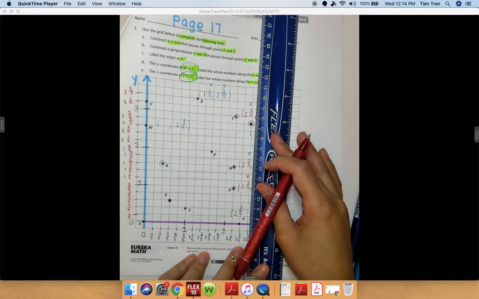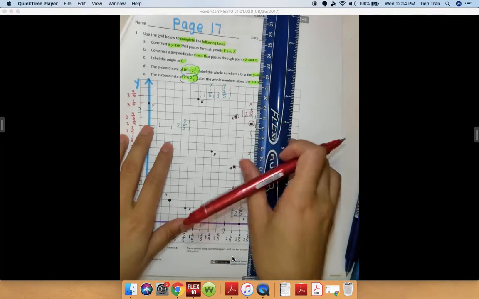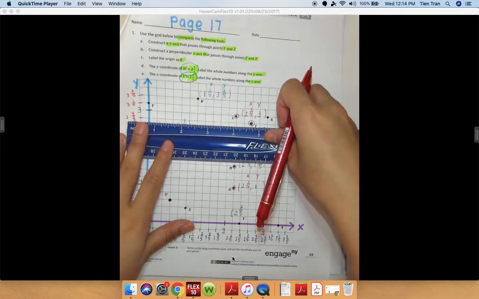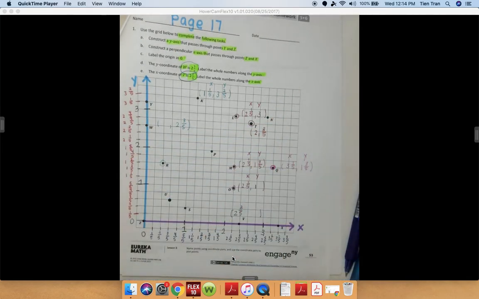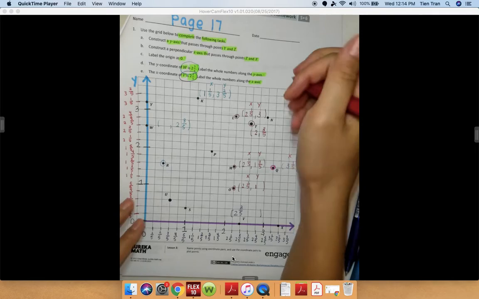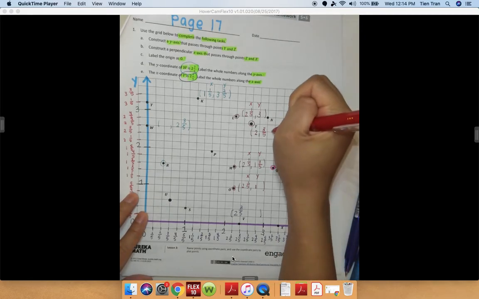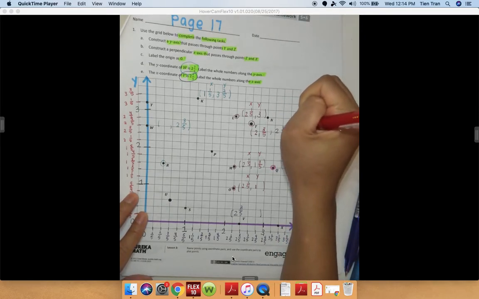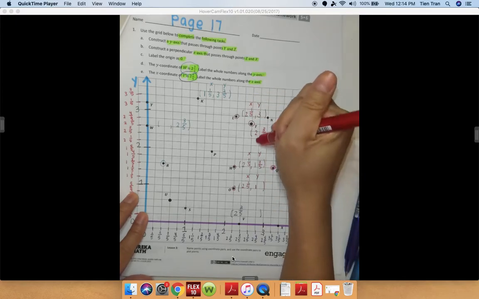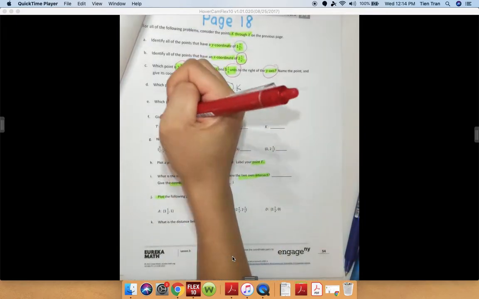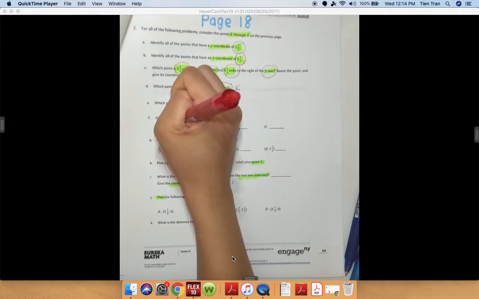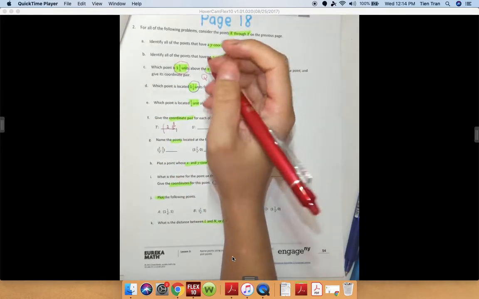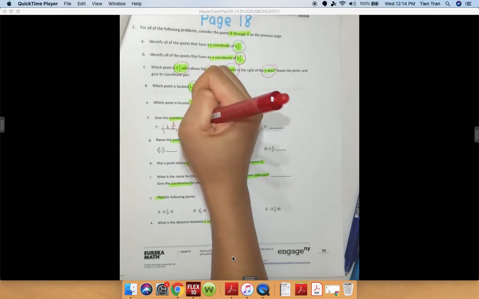And then on the y-axis, it's going to be 2 and 4/5. So I'm going to write down 2 and 4/5. So that is my letter T. I'm going to write it down. So I have 2 and 3/5 and 2 and 4/5.